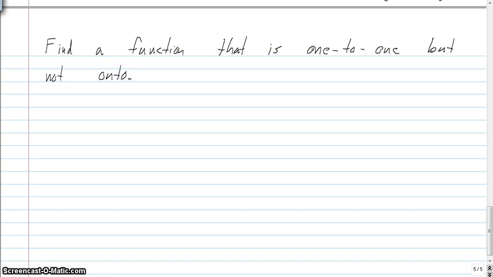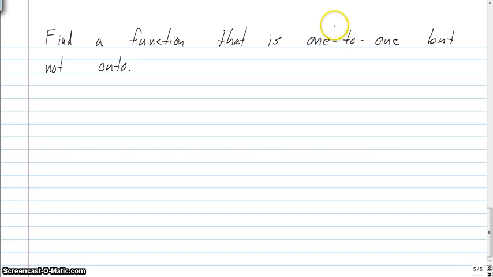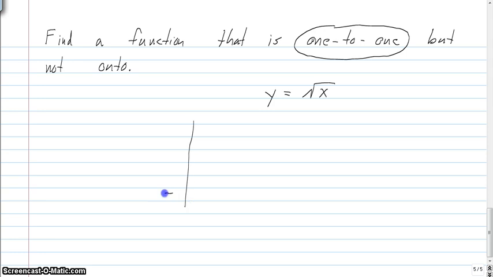So what I would do is think of your functions from algebra, and think of any function that will pass the horizontal line test. One function that comes to mind is the square root of x. Right, so remember that the graph of the square root of x looks like this. That does pass the horizontal line test, so it is one-to-one.